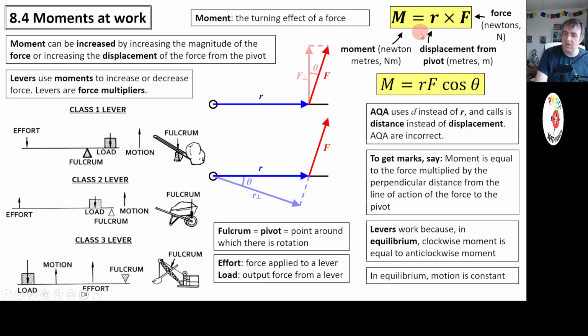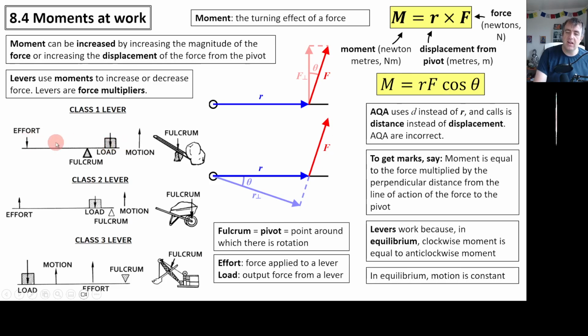So if we take this equation, or just the idea that we're multiplying the distance between the effort and the fulcrum, I'm just using the word distance now to keep it simple, by the amount of effort, that is the amount of moment in the anti-clockwise direction caused by the effort.